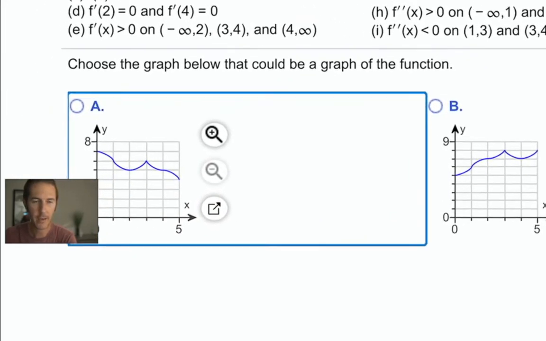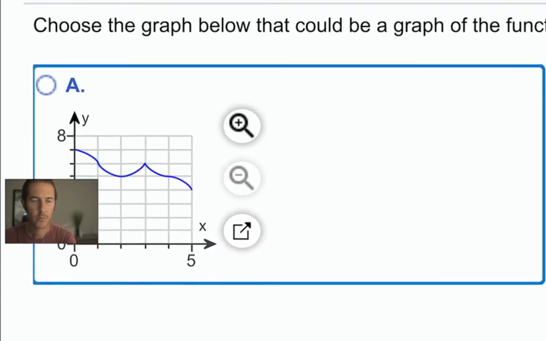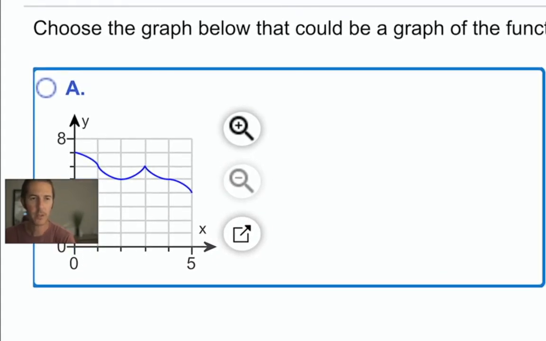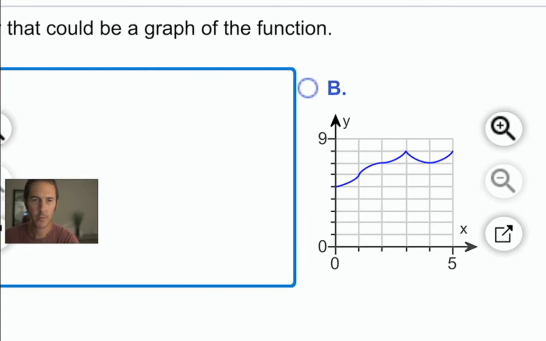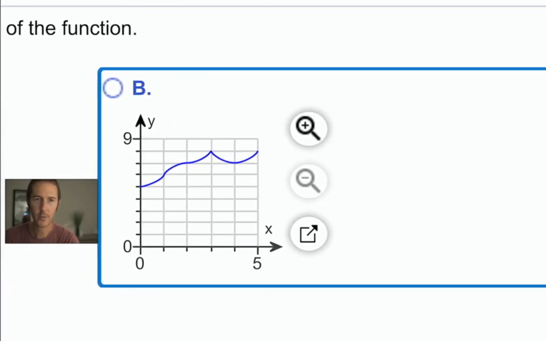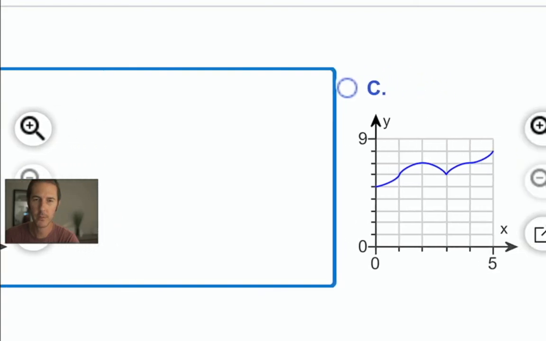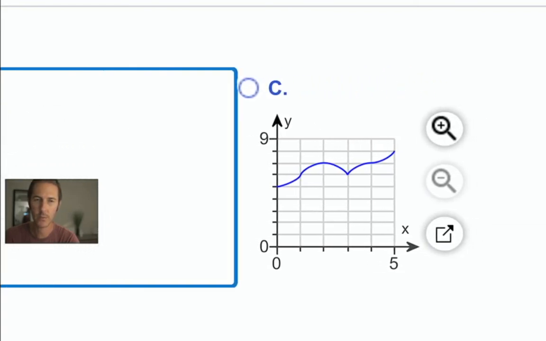Let's look at option A. When x is equal to 3, it does look like our curve comes to some kind of a little curved point there. It looks like the top of a mountain, but it looks kind of pointy. So I'd say our function's not differentiable where x equals 3. Option B, also not differentiable where x equals 3 because it comes to a point. It needs to be smooth and continuous.